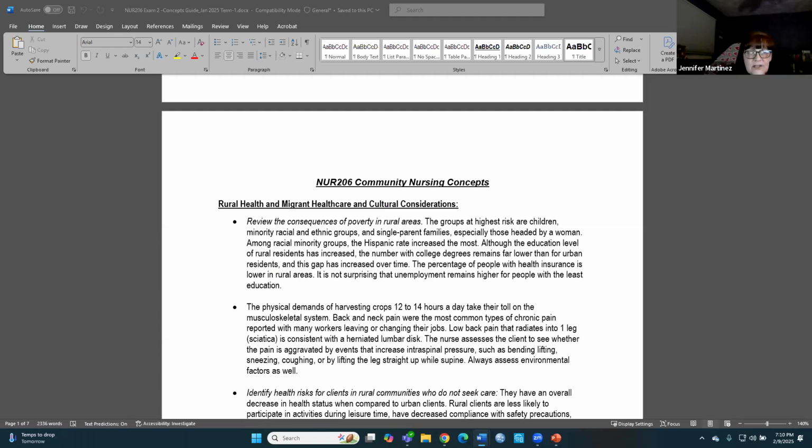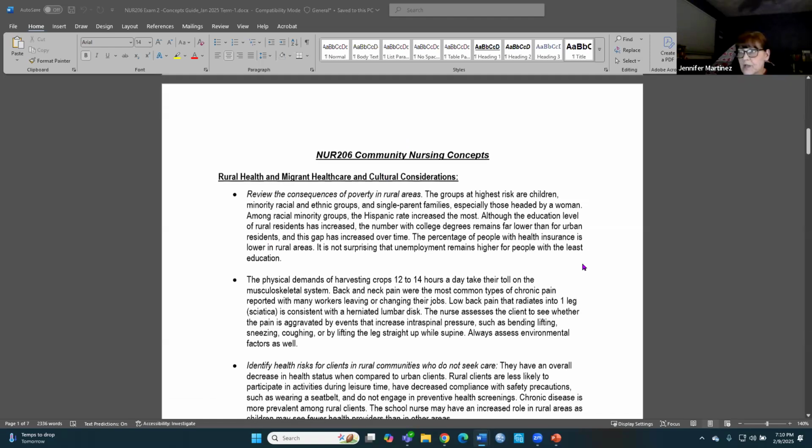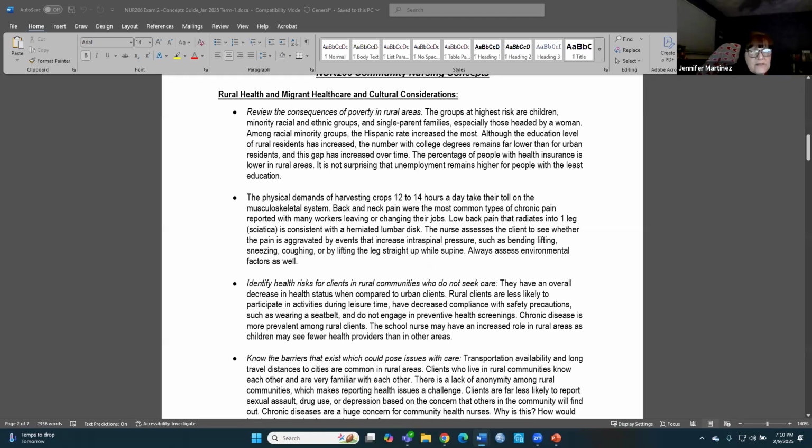So that can decrease the availability of care as well. When we look at the physical demands of the population, harvesting crops 12 to 14 hours a day takes a toll on their body. So back and neck pain are the most common types of chronic pain associated with many workers.